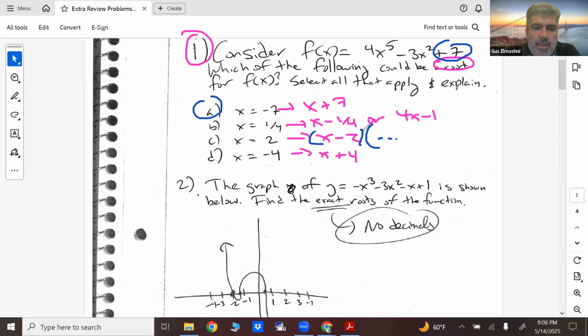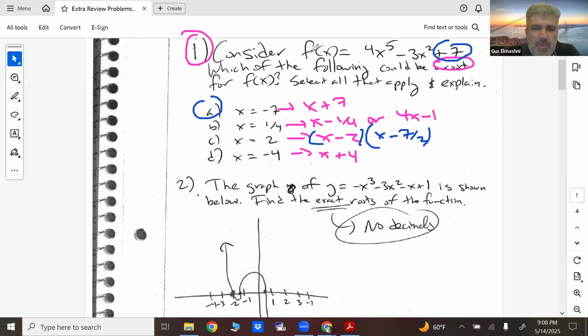Now, let's say you had x minus 7 halves. I mean, you could write it as 2x minus 7, I suppose. But the problem is that you're going to have a bunch of fractions, which is kind of weird because you don't have any fractions in the coefficients.